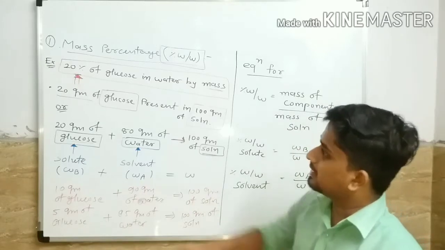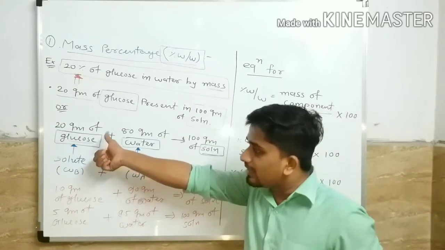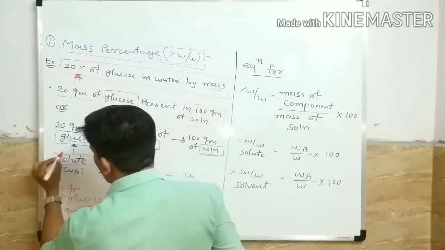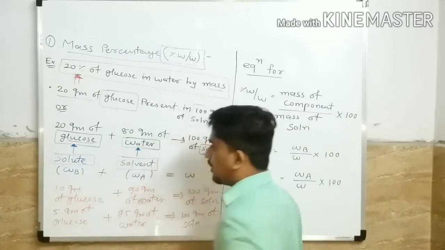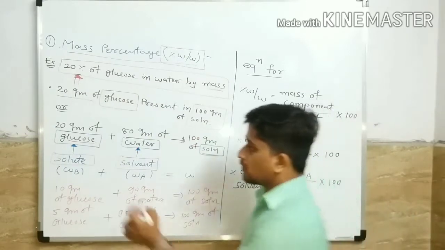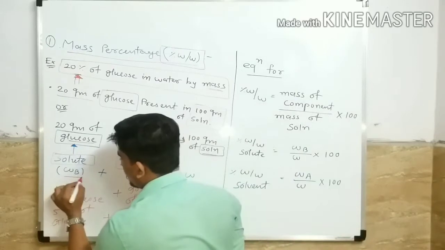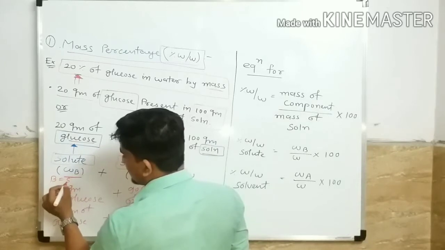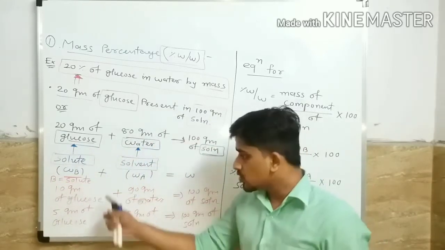Okay, now you understand, if you have this type of sentence, then you get the mass of a solute. Here glucose is our solute. Water is our solvent. So from this type of sentence you get the mass of a solute, which we are going to represent by WB, where B stands for solute.